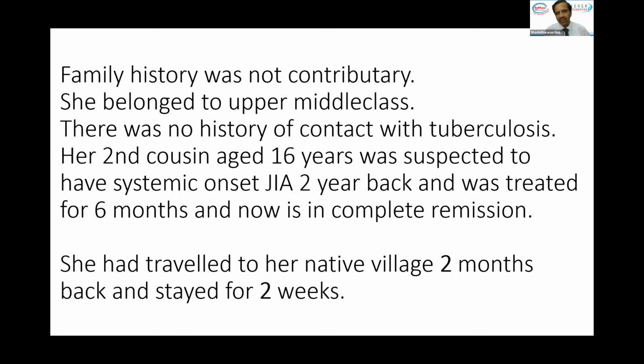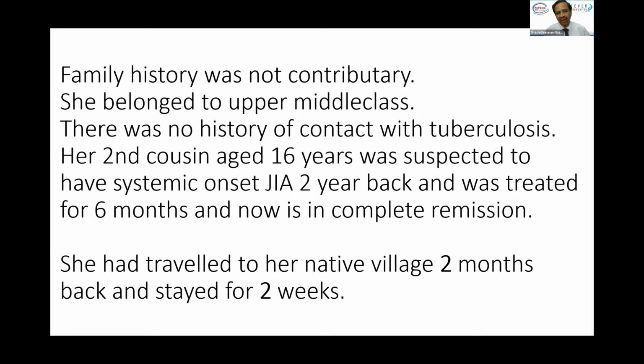However, JIA is still a consideration in this child because many times, up to 4 weeks, these children present only with fever and the other manifestations of JIA can occur later on, but that may not have a bearing to her cousin having JIA. What is more important to me is her travel history.